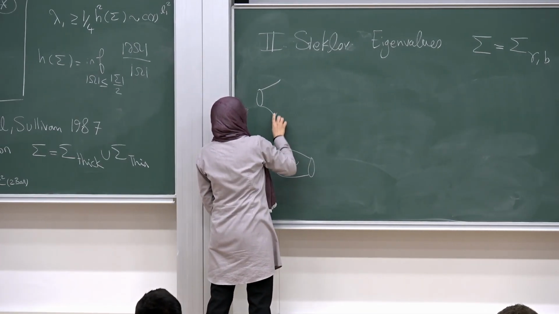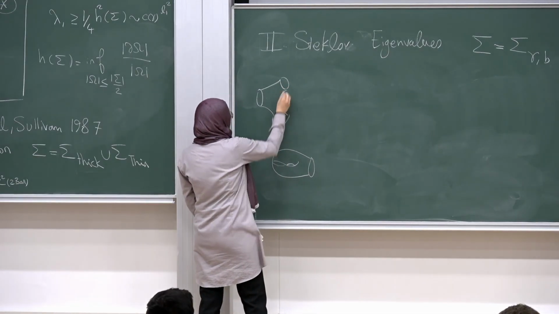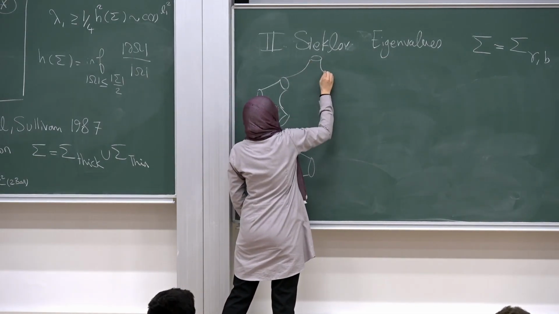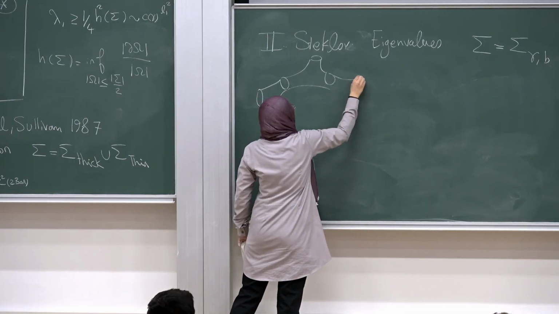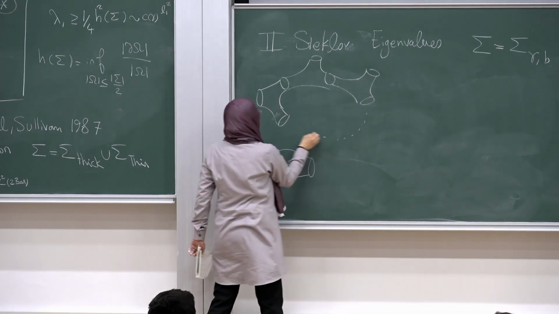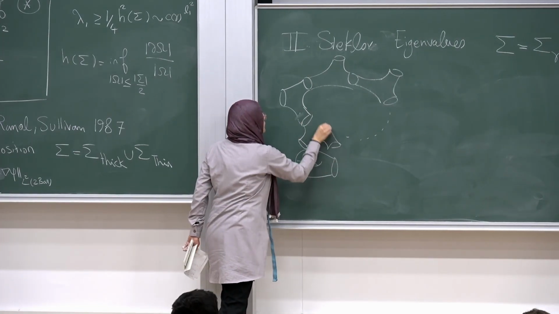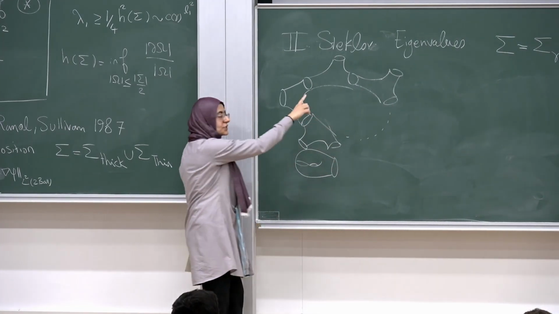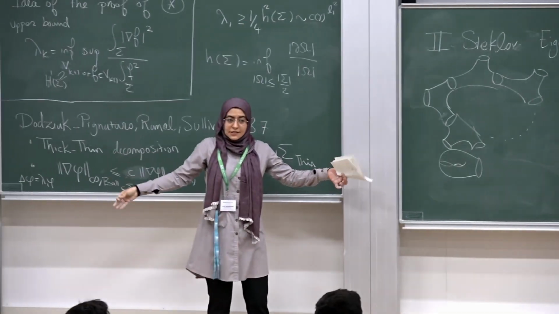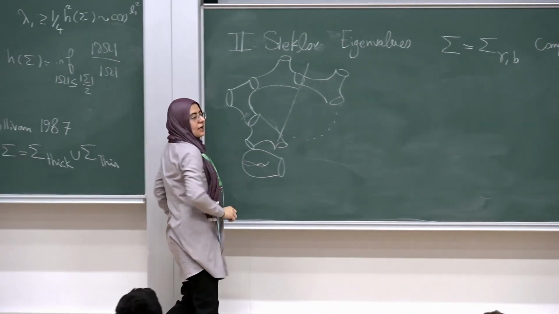I'm cutting along this non-separating geodesic. Now I have a pair of paths, and then just connect. Look, this will be an n-sheeted cover or 2n-sheeted cover over this. So now divide in half.